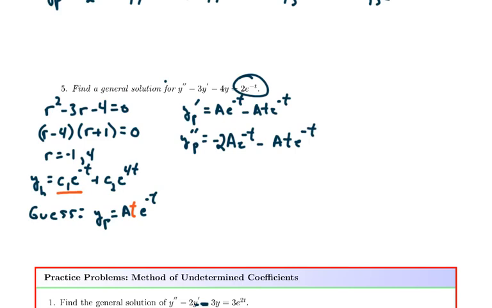Now let me just make sure I didn't mess up my signs. So this is going to be a e to the negative t minus a t e to the negative t. When I multiply through by this middle negative sign here, that's going to give me negative a e to the negative t plus a t e to the negative t. So that should be a plus sign for y double prime.